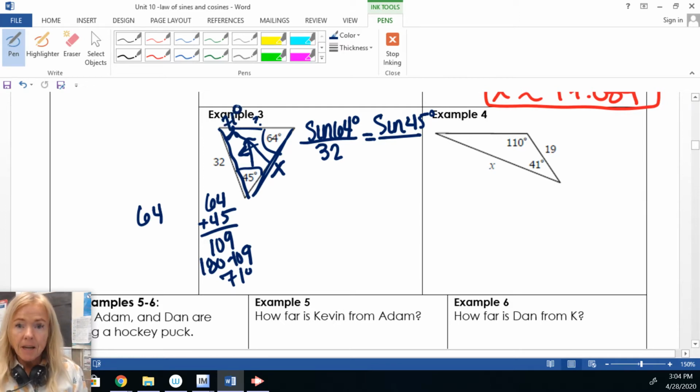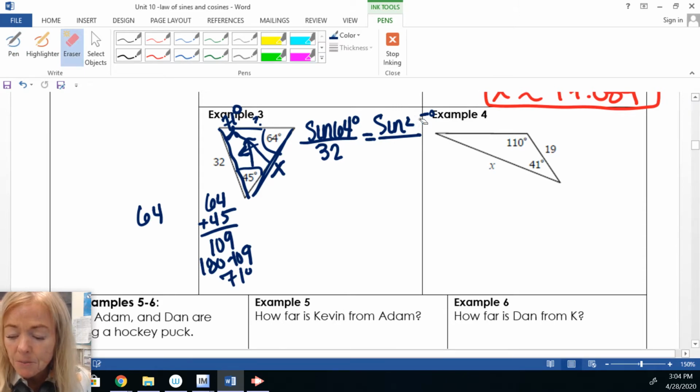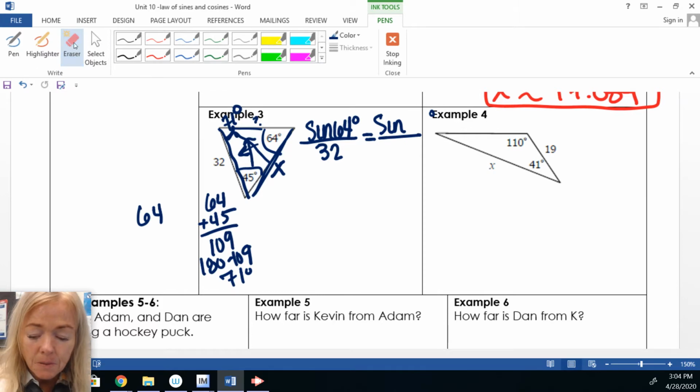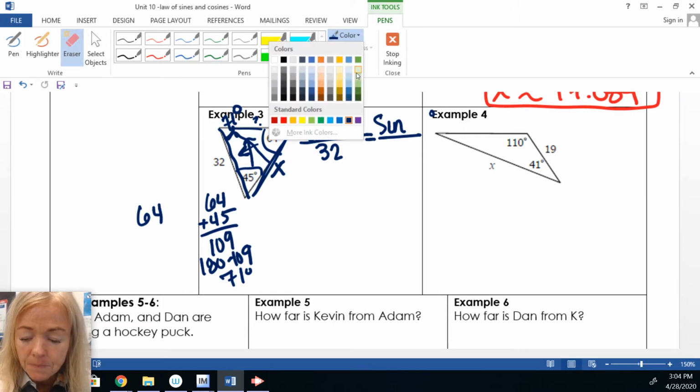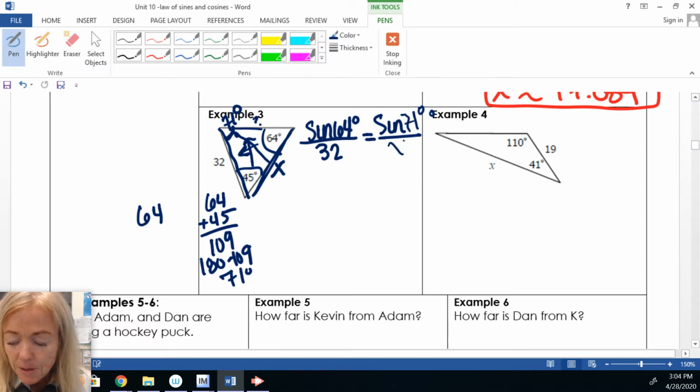And we have to have the side across from the angle and the angle across from the side. So sine 45 is not going to work for us. We're going to have to use 71 instead, and that's going to be across from our x.